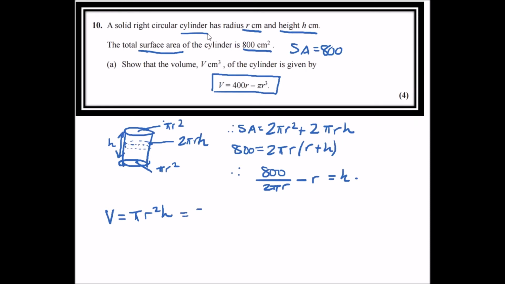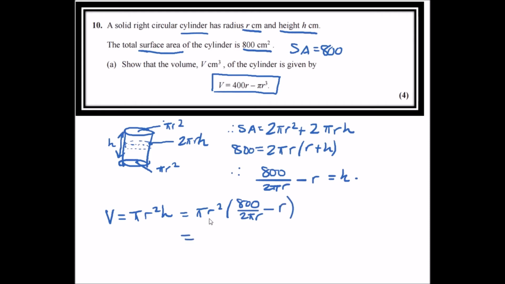So we're going to have pi r squared times the bracket 800 over 2 pi r minus r. Now we just expand this and we should get this expression.